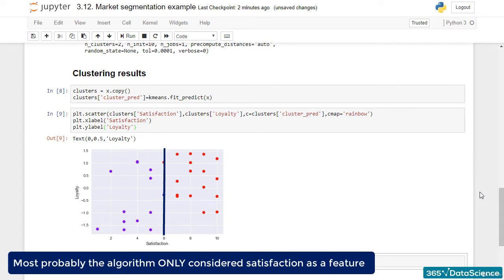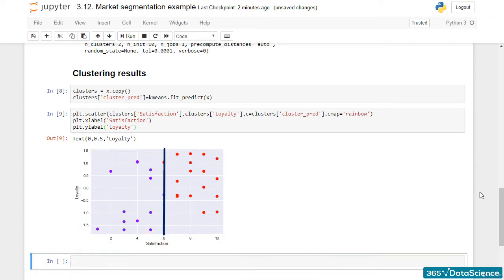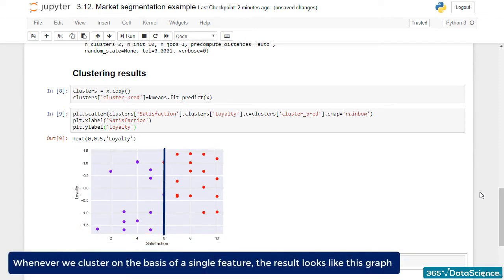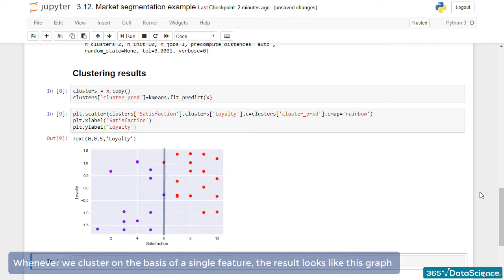Why? Because we did not standardize the variable. The satisfaction values are much higher than those of loyalty, and k-means more or less disregarded loyalty as a feature. Whenever we cluster on the basis of a single feature, the result will look like this, as if it was cut off by a vertical line. That's one of the ways to spot if something fishy is going on.